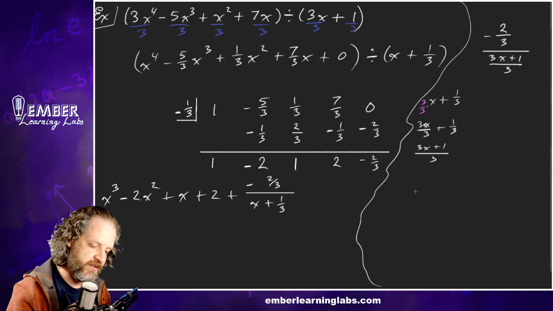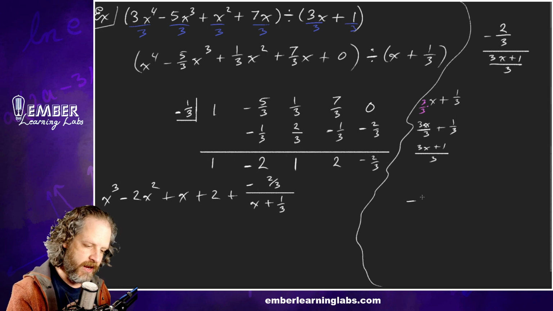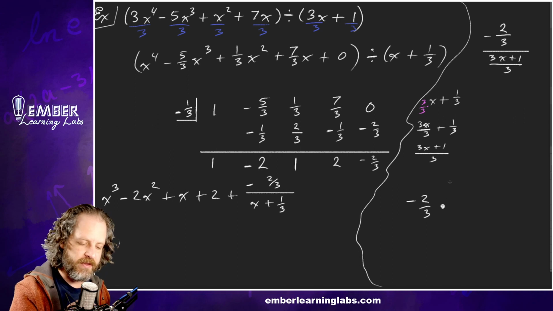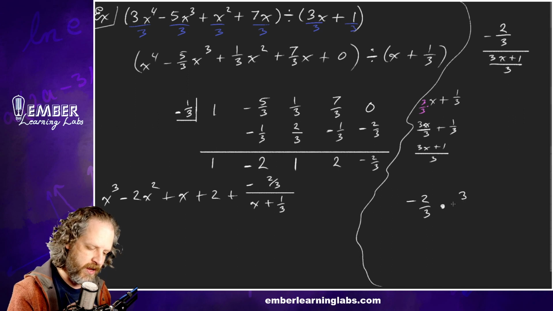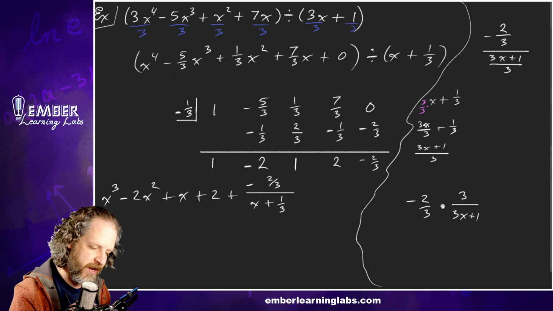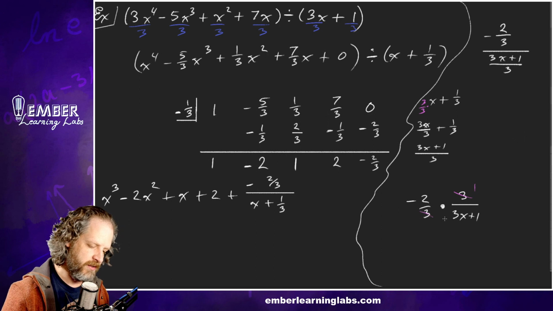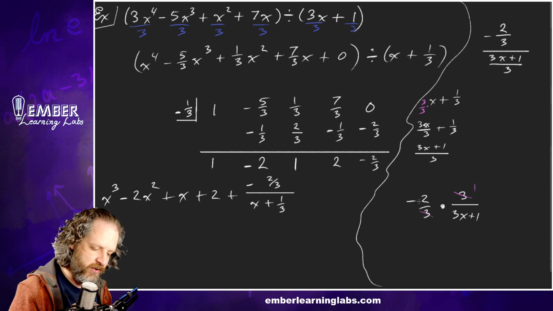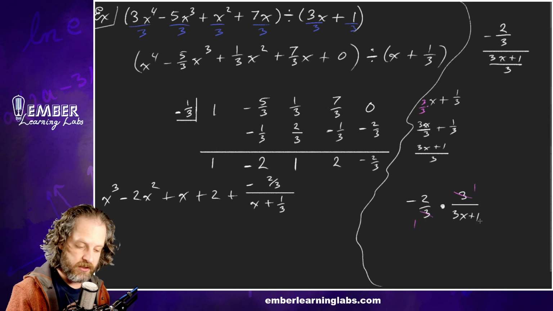So this turns into negative 2/3 times the reciprocal of this, which would be 3 over 3x plus 1. We can do some pre-reducing. This 3 and 3 reduce to 1 and 1. So it turns into negative 2 times 1 and 1 times 3x plus 1, right?